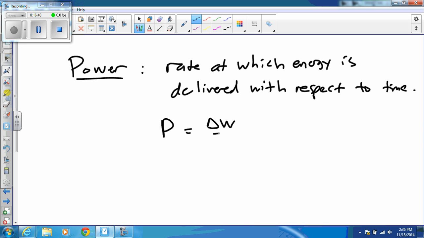In other words, power is equal to the amount of work delivered per unit of time.